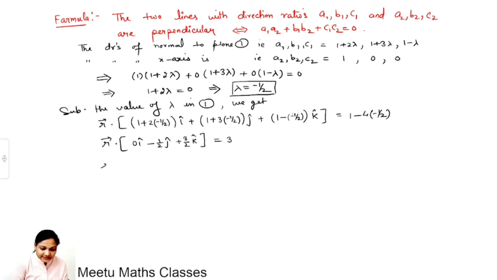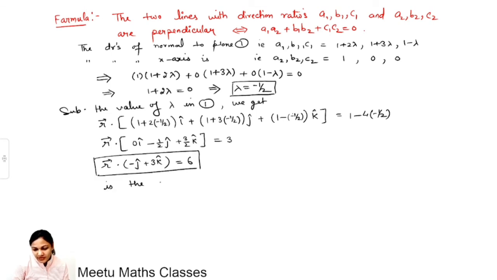So we can say that r dot, if you take these 2 common and multiply on the right hand side, then you will get r dot minus j plus 3k is equals to 6, and this is the equation of the required plane.